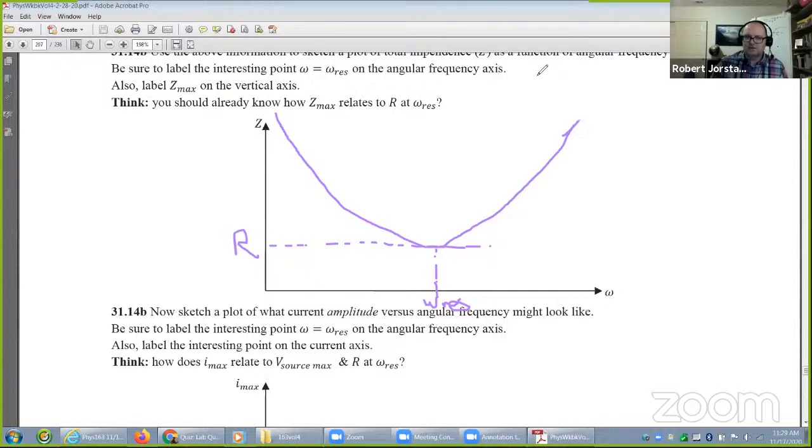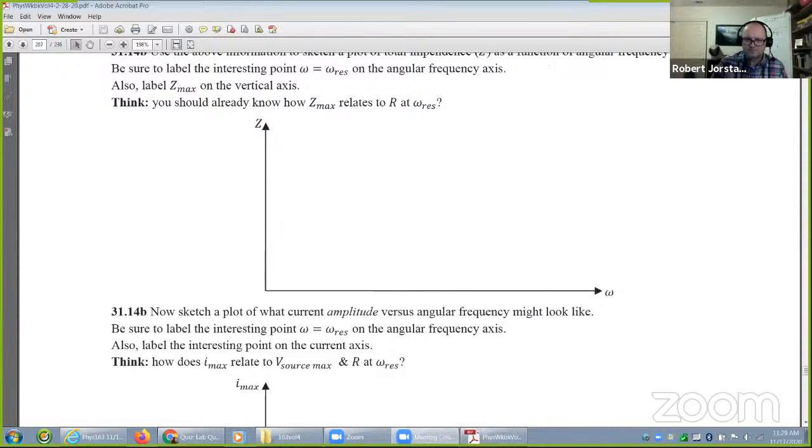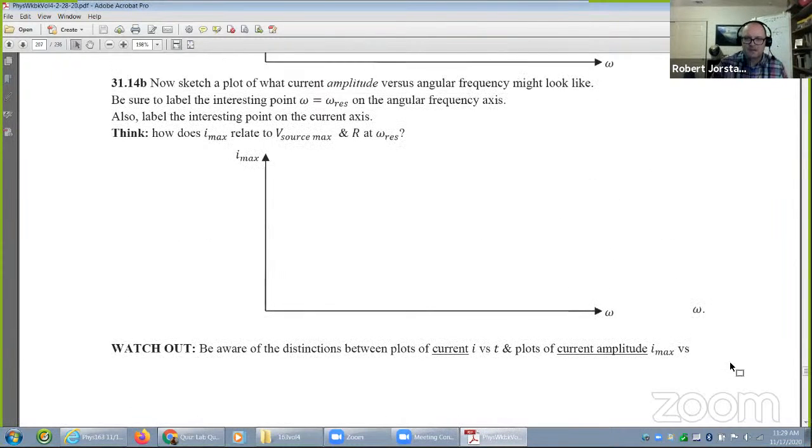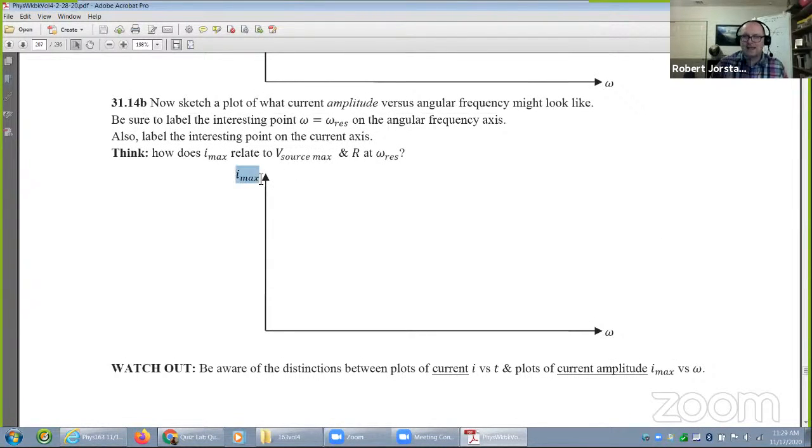So now let's go down to 31.14b. Now I want to look at the current amplitude. That one was a little bit different. It starts out low, it goes low at high omegas, and then at some special frequency, omega resonance, what is the peak value of current?